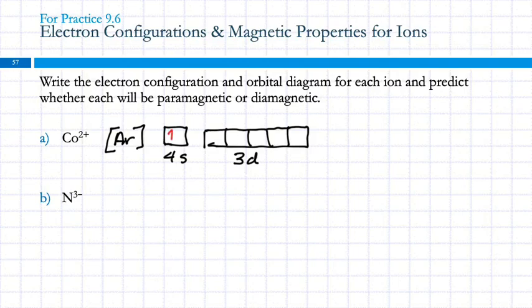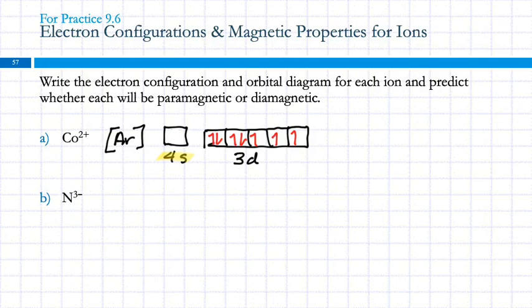So 1, 2, 3, 4, 5, 6, 7, 8, 9. Because it can make a difference. If you take the wrong electrons off, you could end up with the wrong answer. So if I'm going to make a 2+ ion, I have to remove 2 electrons. Which ones do I take out? Yeah, take these out, because those are the valence electrons. So get rid of these guys.